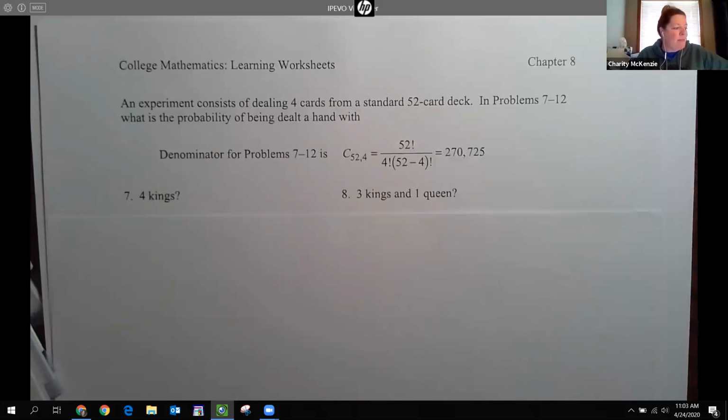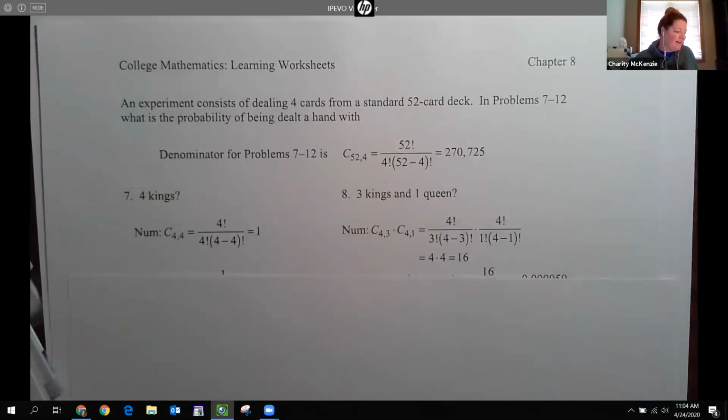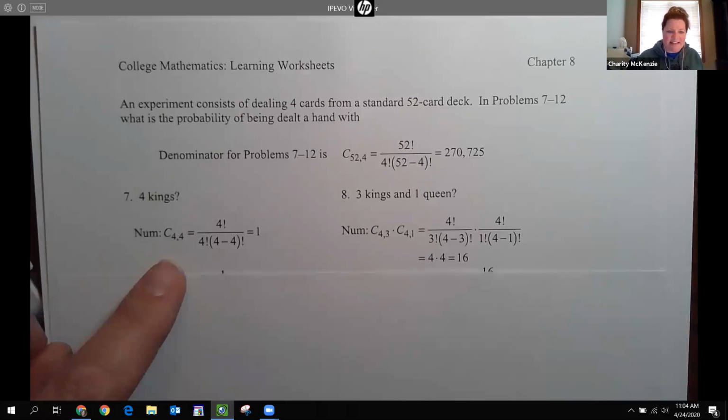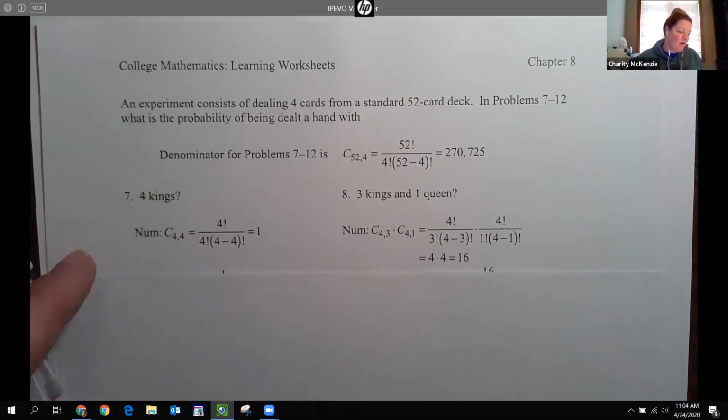What is that probability? Ooh, well, we're going to have to go back to combinations and permutations. So give me a second here. They kind of labeled this a little different. There are 4 kings and 4, so it's basically one way for you to get that.